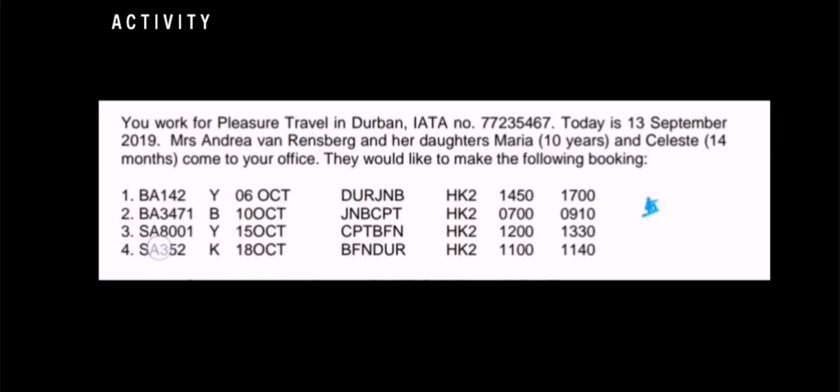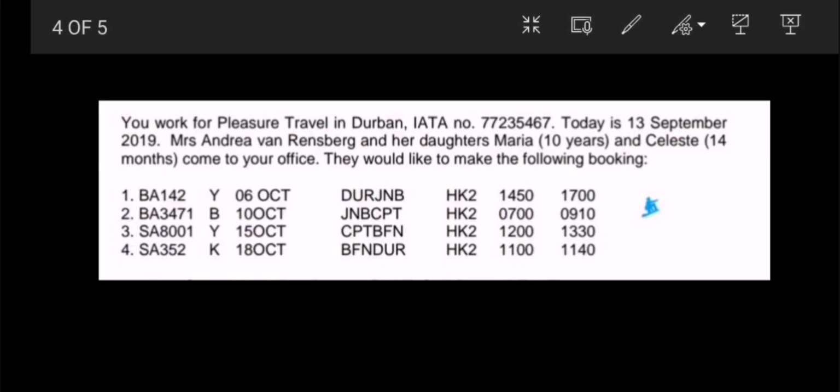The third and fourth flight number, SA 08001, indicates that you are going to be using SAA. And then right next to that is your class. So now you know to go into your fare handout and look for that fare, Durban to Joburg, British Airways Class Y. Then it will tell you how much it is.